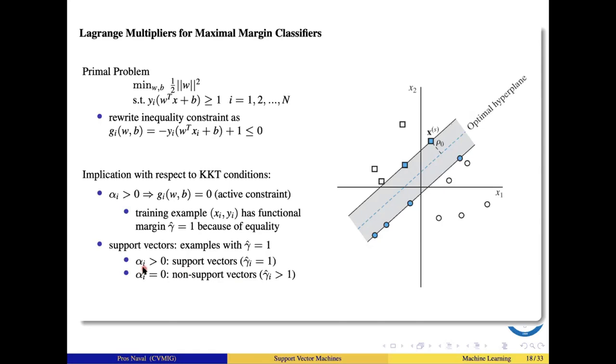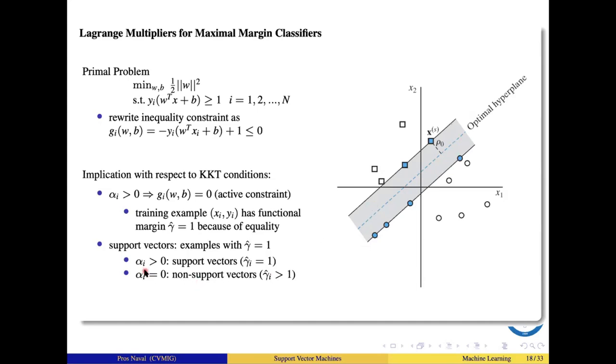So those alphas with values greater than 0 correspond to these vectors here. These are the examples that are close to the optimal separating hyperplane.